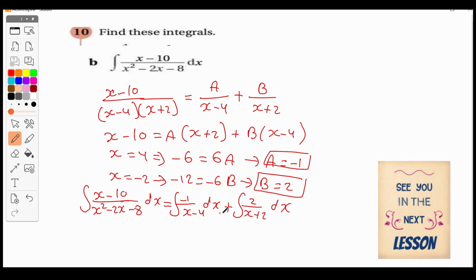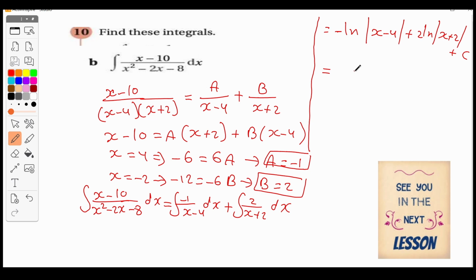Now let's integrate this one. The integral of negative 1 over x minus 4, if we take negative 1 outside, it will be negative ln of the modulus of x minus 4 plus 2 ln of the modulus of x plus 2 plus c.